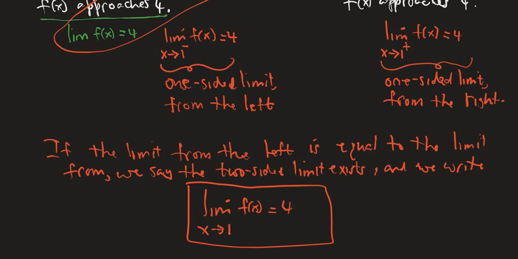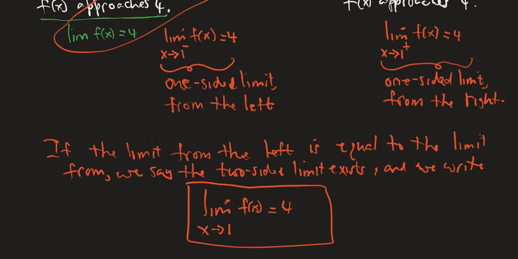Notice here, I didn't specify by using a minus or a plus. We basically say, regardless of the direction that x gets closer and closer to 1, the function value gets closer and closer to 4. And it's that number 4 that is defined as the limit of this function.